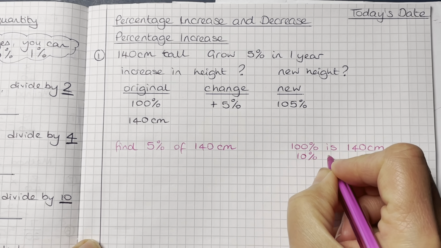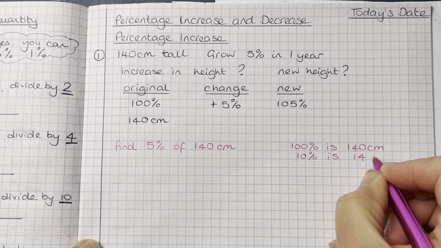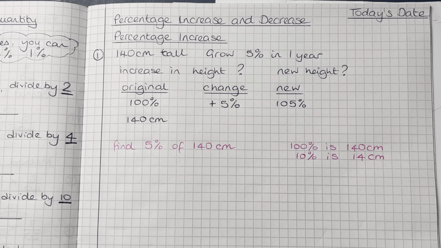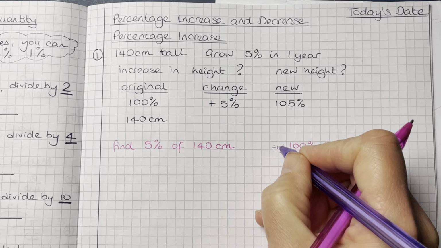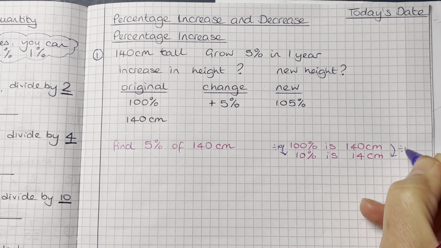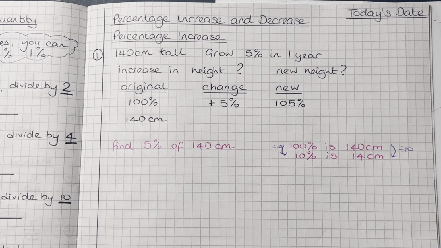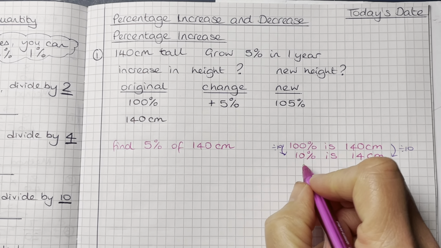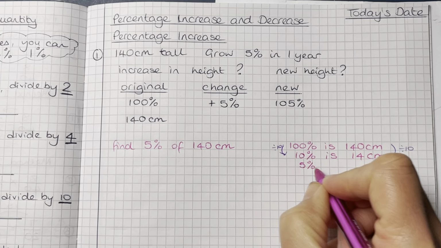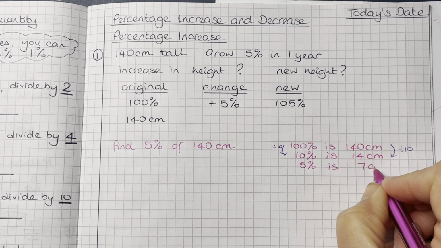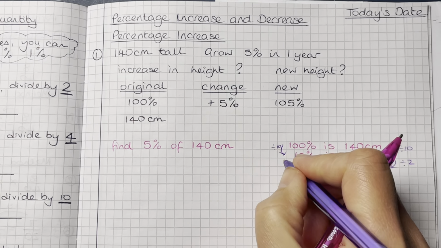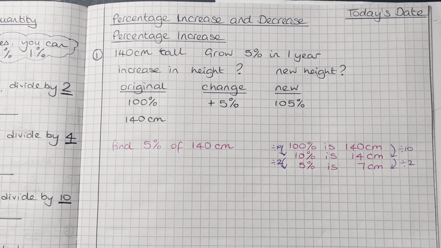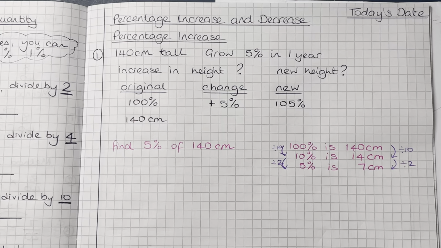I can therefore divide by 10. So I can say that 10% is 14 centimetres, and I can divide by 2 to find my 5% is 7 centimetres. So dividing by 2 tells me that my 5% is 7 centimetres.